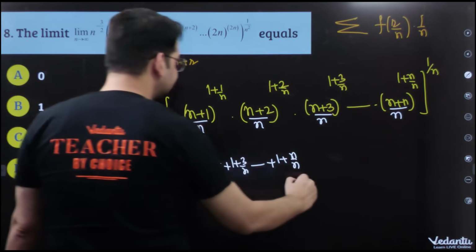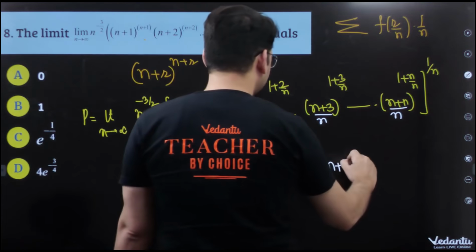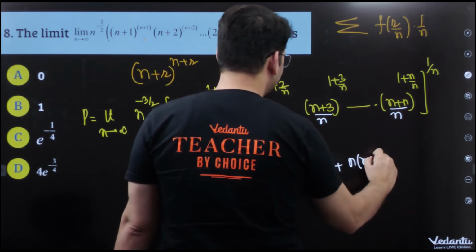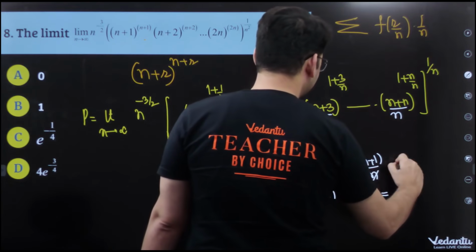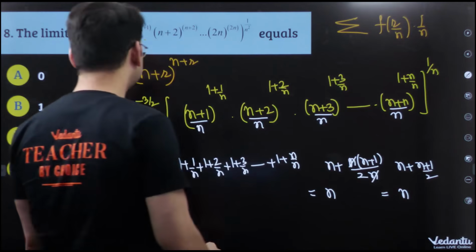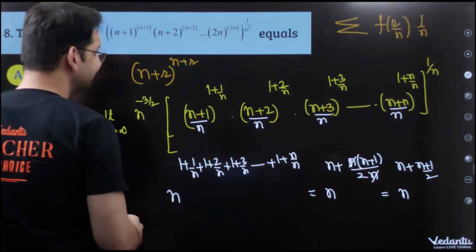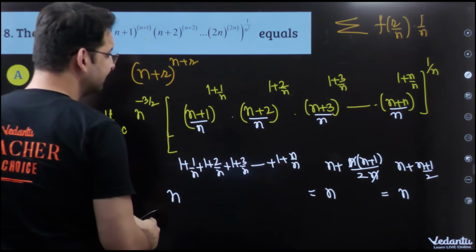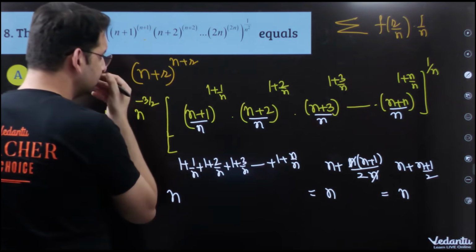So there are n brackets. So n to the power n plus n into n plus 1 by 2n, that is n to the power n plus n plus 1 by 2. So it is going to get multiplied by this also. Are you getting this?